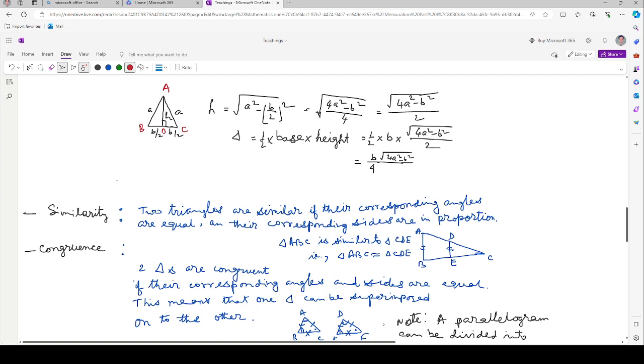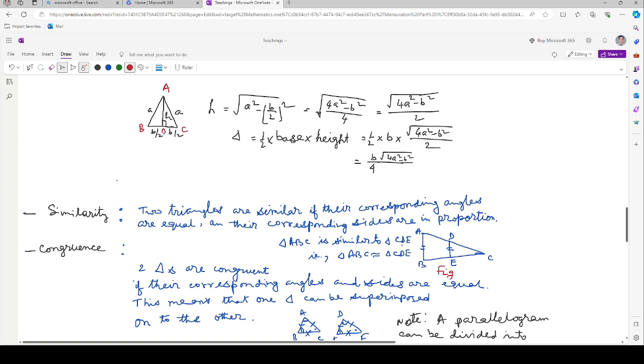Two triangles are said to be similar when their corresponding angles are equal and their corresponding sides are in proportion. Here is a figure.